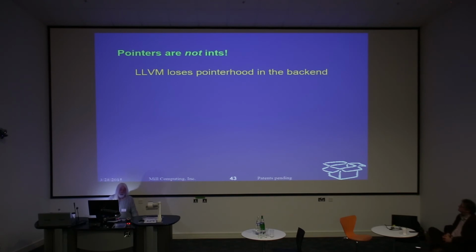Unfortunately, LLVM loses pointerhood. Furthermore, it loses pointerhood all over everywhere. In particular, it loses it in the back end, but we are fortunate that we don't especially care because we're doing our own back end. But various passes generate pointer to int conversions and lose the fact that this was actually a pointer.